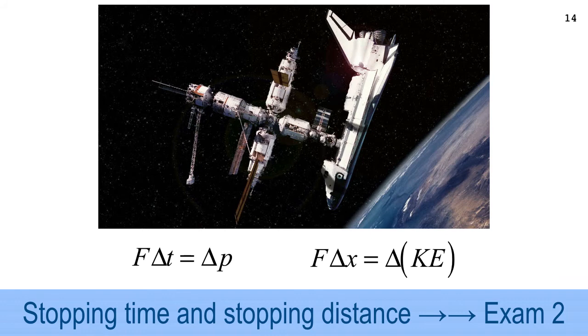But you can figure out the average force, knowing that we've lost almost 490 billion joules of kinetic energy, delta KE, and we know how far down we've come, 50 kilometers, so we can figure out the average force there. That's kind of interesting.